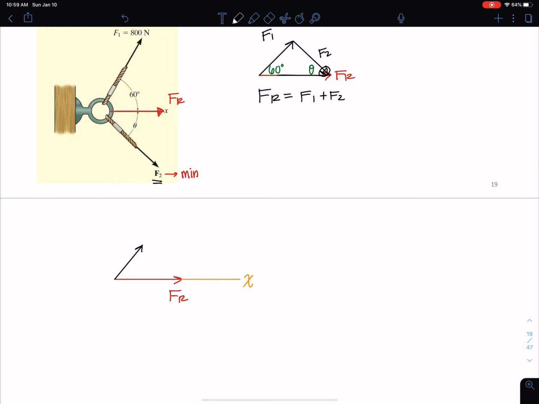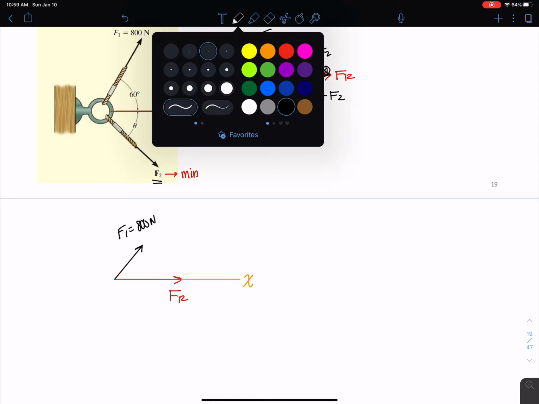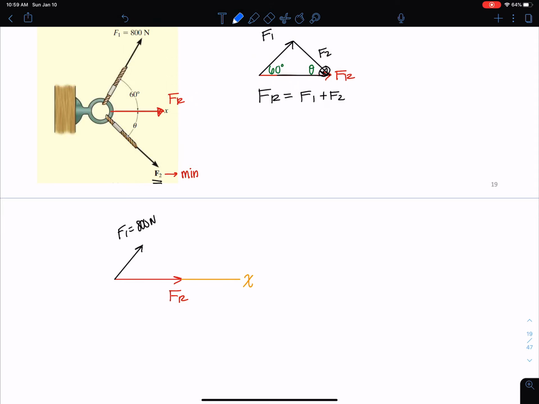I know F1, let's say, is right here. My F2 can be any vector that's going to touch the horizontal. It doesn't really matter, it can be anything. But remember, it needs to be minimum.